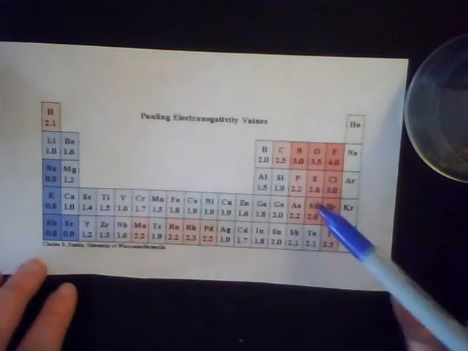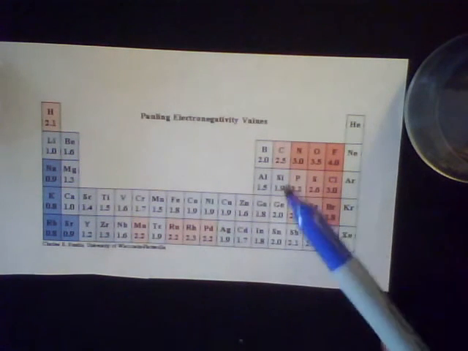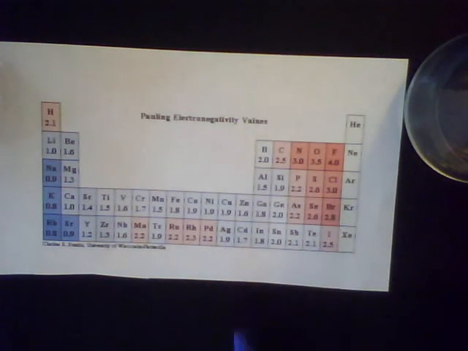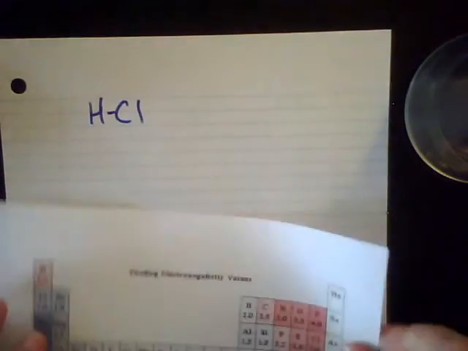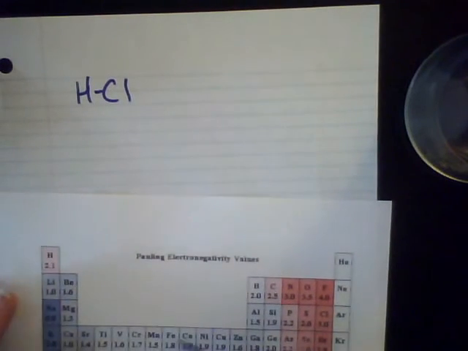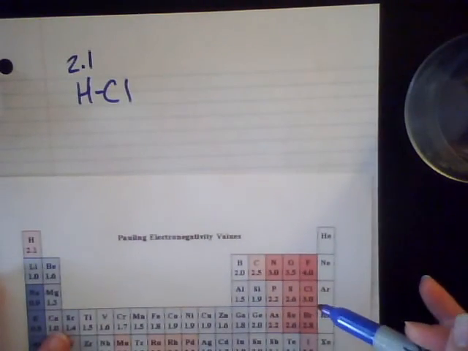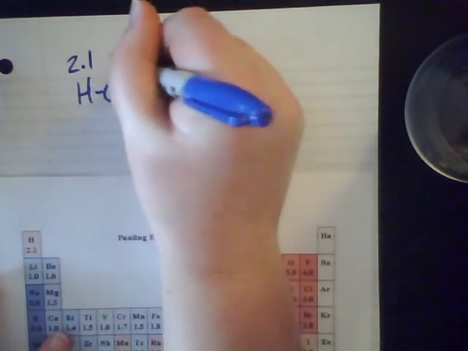So we need to figure out a difference within elements that are already fairly electronegative. So let's talk about how we do that with our example. If our example again is HCl, and we go to our table, then hydrogen's up here at 2.1, and chlorine is over here at 3.0.